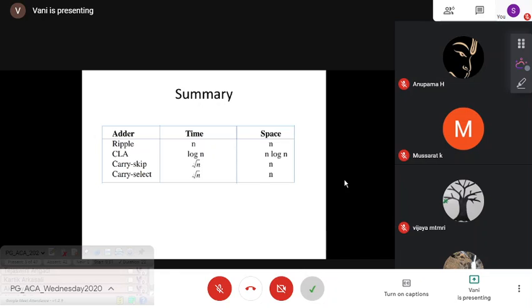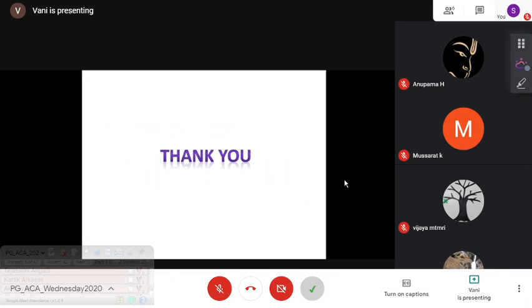So if we want to improve the time in the addition, then we have to go for carry skip and carry select adder. If the constraint is the area or space, then we can go for CLA. So this is about the adders. Thank you.